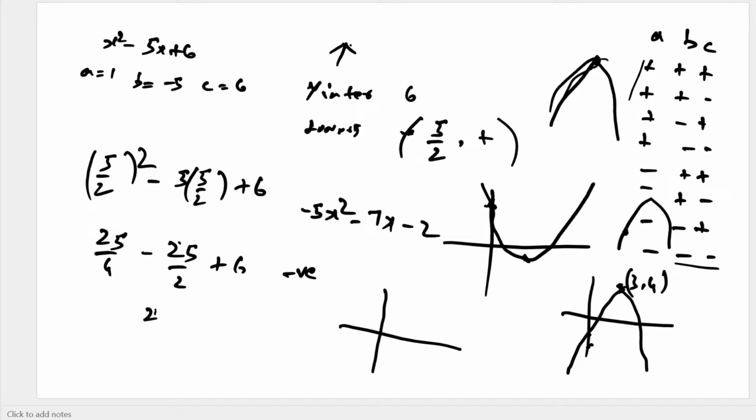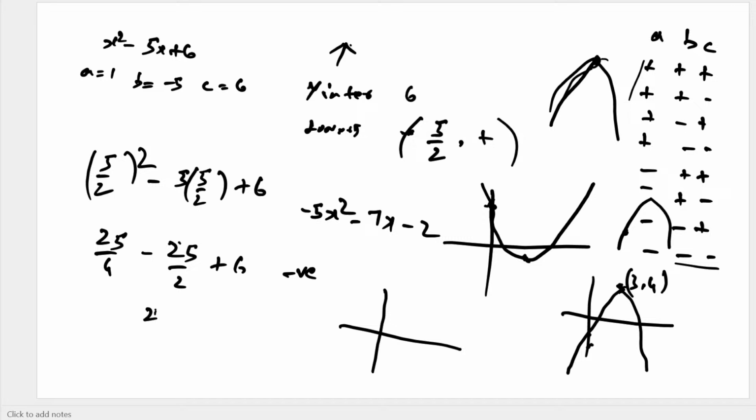Sir, why will the graph be positive when A is greater than 0 and C is greater than 0? Tell me again, Amma. Sir, what happens when A is greater than 0 and C is less than 0? Doesn't matter. First of all, it is facing upwards. A greater than 0 is independent of other things. If A is greater than 0, it will face upwards. Only thing is, it will touch the y-axis at negative c.